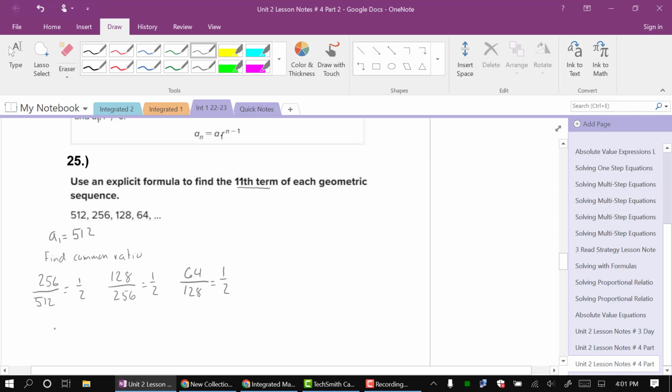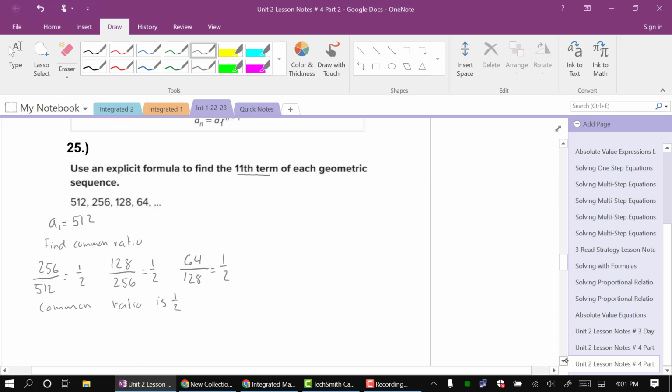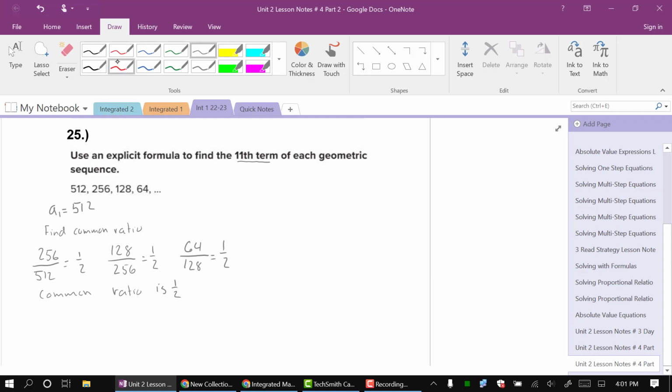So my common ratio is 1/2. So I have my a1, I have my common ratio. So my formula is a_n equals a_1 times the common ratio to the n minus 1.